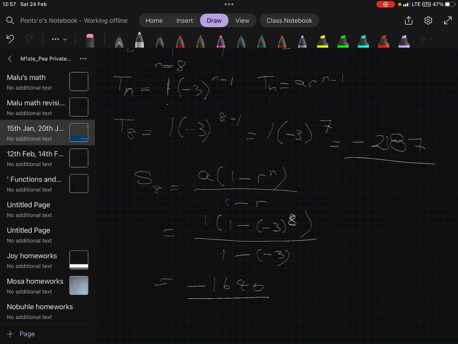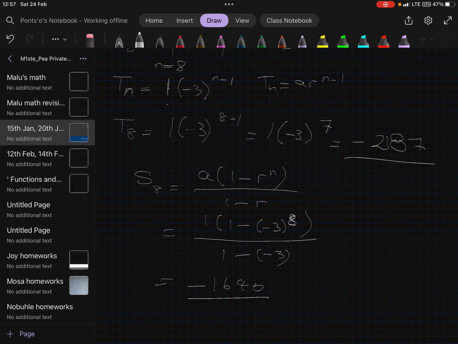Alright, so now we're gonna do the sum to the 8th term. And sum to the nth term we know is a into open bracket 1 minus r to the power n close bracket, and all of that is divided by 1 minus r.